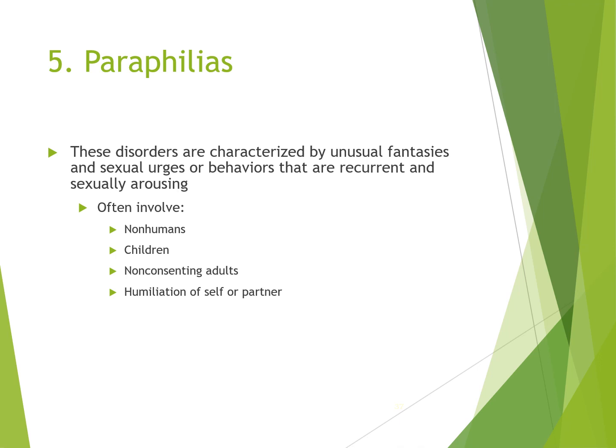So basically, they are unusual because these sexual urges are not normal. They could be with non-humans, like objects, any object. They could be with little children who cannot even consent. They have sex with non-consenting adults, for example people who have physical challenges and therefore cannot defend themselves, or old elderly parents who can't even defend themselves. And of course, it could also involve humiliation of self or a partner.